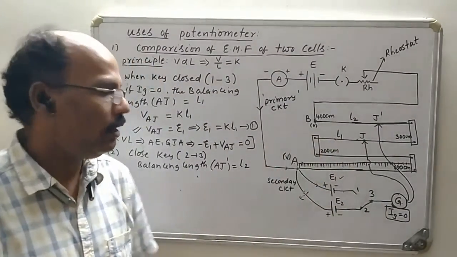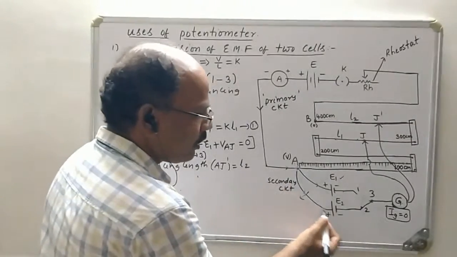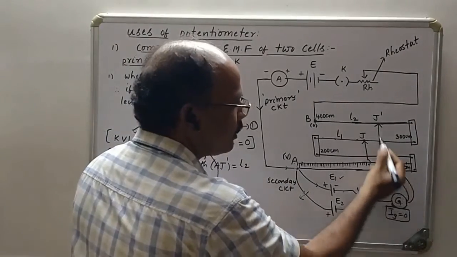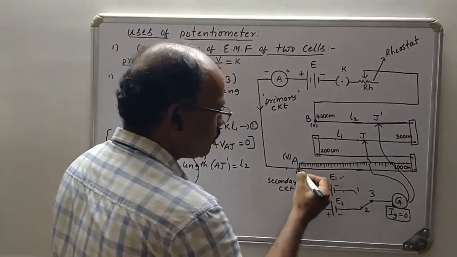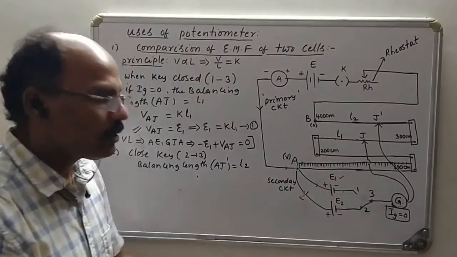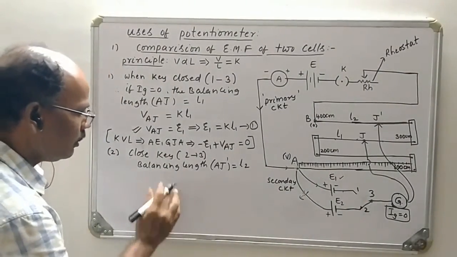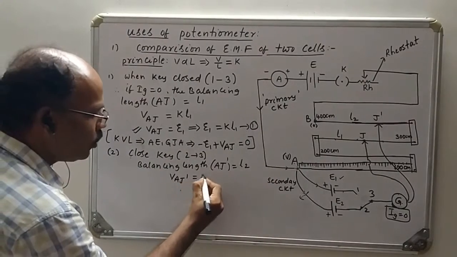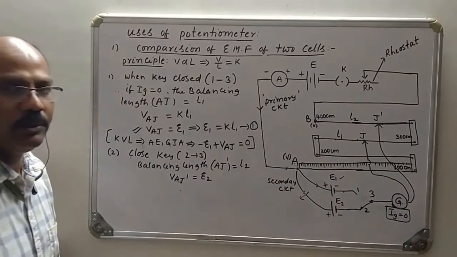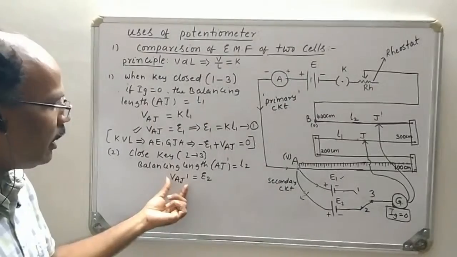From the KVL, again we can take A, E2, G, G dash and coming in this direction reaches the point A. So we can write VAJ dash is equal to nothing but E2. But what is the VAJ dash?